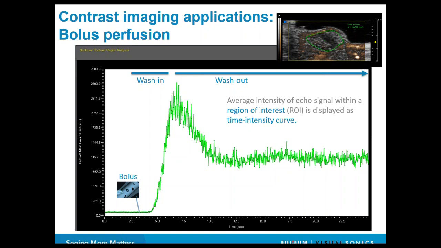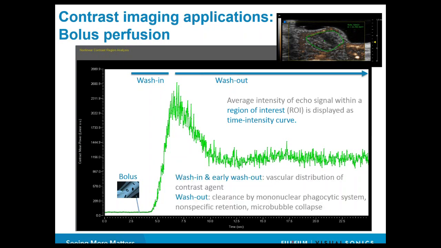If you would image for a couple of minutes, you could actually see that the contrast agent also gets washed out again. And if you want to know what affects wash in and wash out, well, the wash in and the early wash out phase is determined by the vascular distribution of the contrast agent within the tissue, meaning we inject the contrast agent through the tail vein, and it moves up, it comes into the right ventricle of the heart, it goes through the lung, it comes into the left ventricle, and then it really distributes throughout the body.